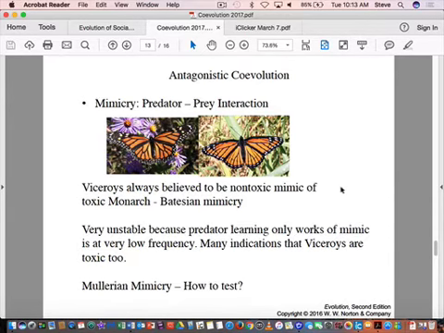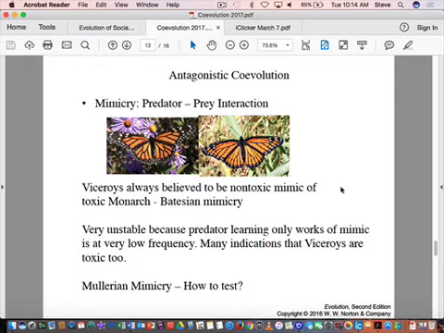What are you now going to associate the coloration with? Being edible, right? The wrong thing. So Batesian mimicry only works under really kind of limited conditions. And what do you think the frequency of the mimic has to be?